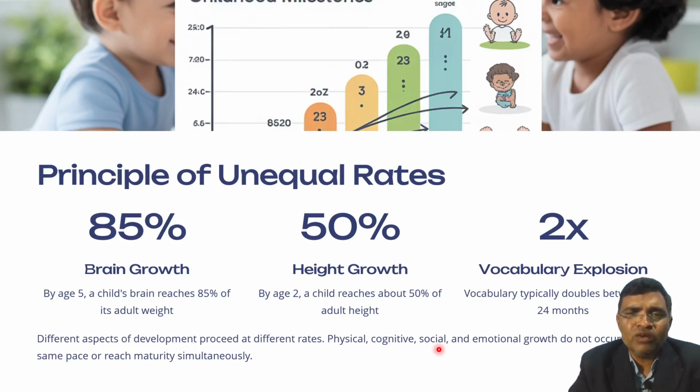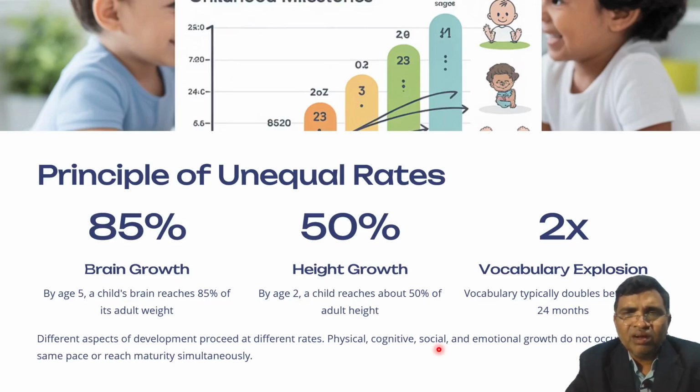Principles of unequal rates. So by age 5 years, the child's brain reaches 85% of its adult weight. It is unequal. Some people develop exceptionally. Some people by 2 years, a child reaches about 50% of the adult height, or 2x vocabulary expression. So it is an unequal rate.